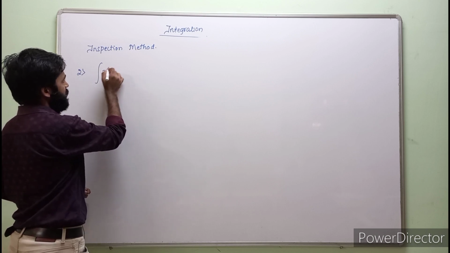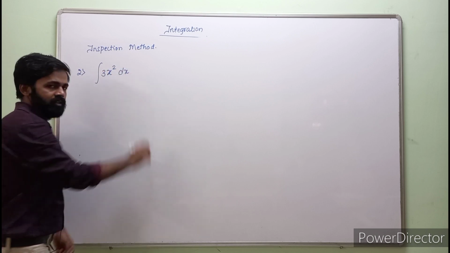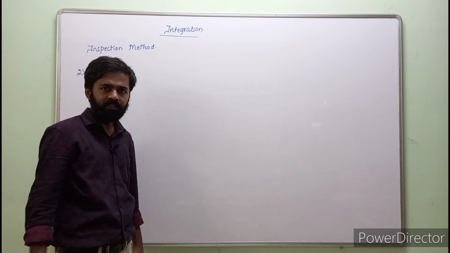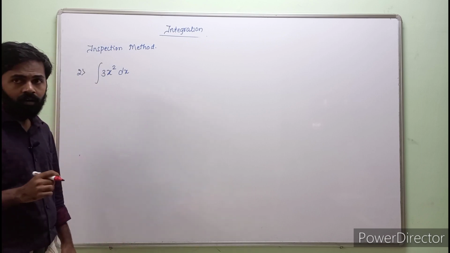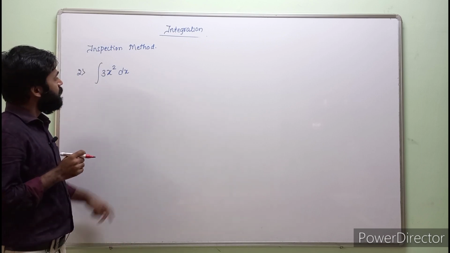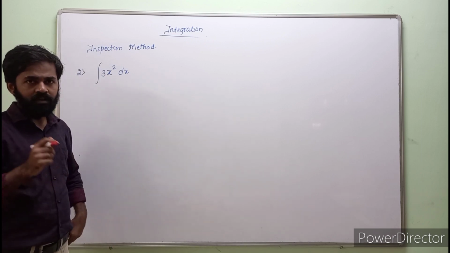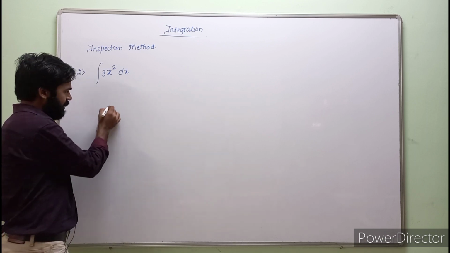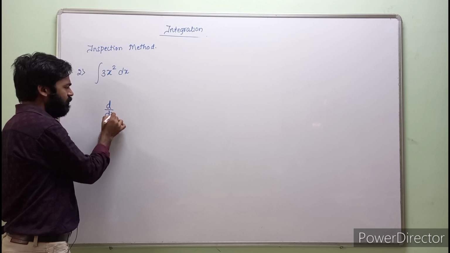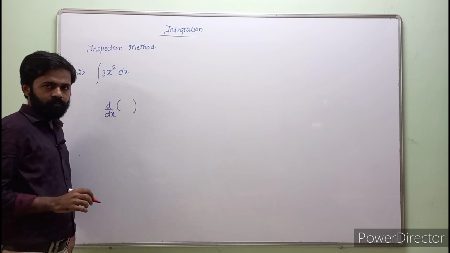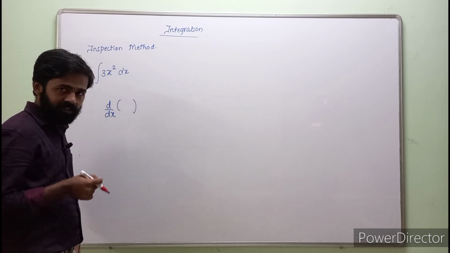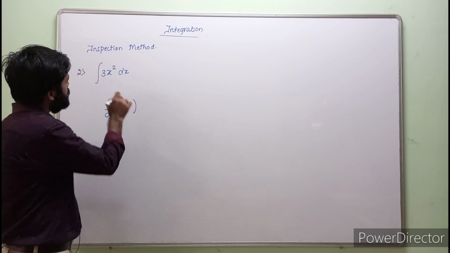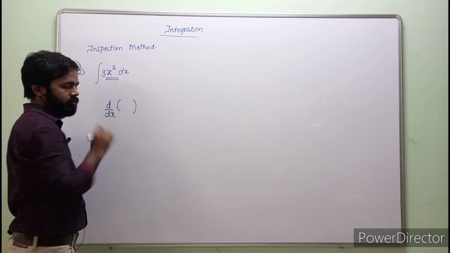Let's say 3x square dx. Let's say we want to find the integral of this function 3x square dx, using the inspection method. Now see here, d by dx of what function should you take so as to get the x square term?